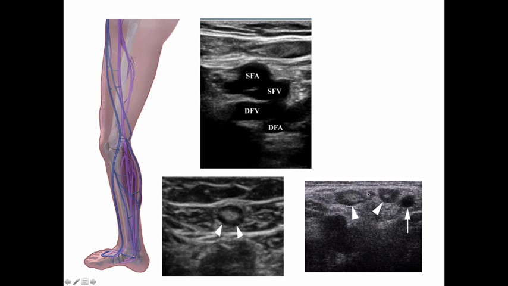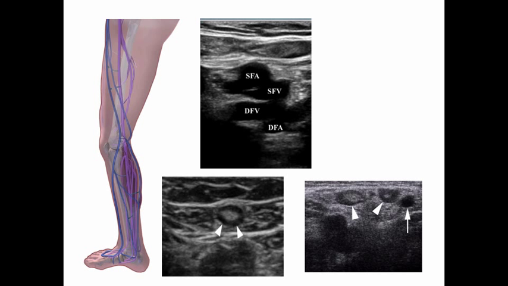Excuse me. Additionally, the common femoral vein will split off into the deep femoral vein and the superficial femoral vein, which is now actually just called femoral, because although it was traditionally called the superficial femoral vein, people did think of it as a deep vein, but in fact it is.